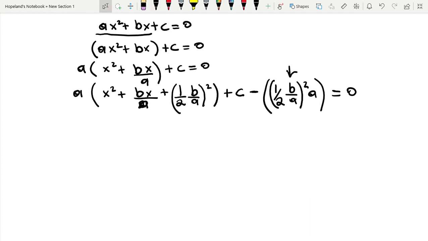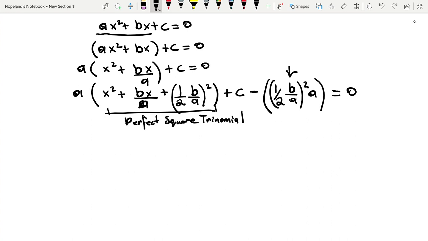Once you're done doing that, we'll have a perfect square trinomial formed right here. What I mean by a perfect square trinomial is a trinomial that can be written as the square of a binomial. You'll just see what I mean right here.